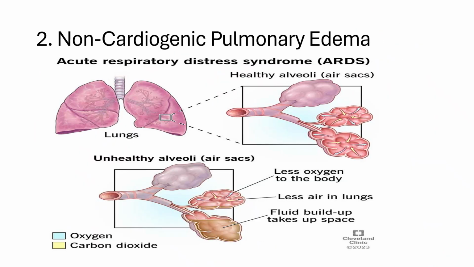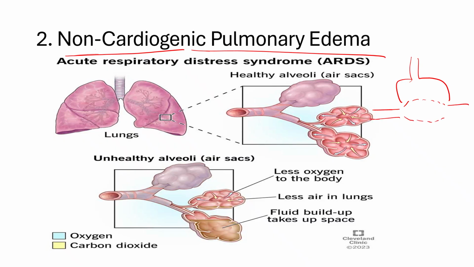Second type of pulmonary edema is non-cardiogenic pulmonary edema. So in which we have alveoli, but the capillary will become leaky. So that can happen in ARDS, it can happen in pneumonia, it can happen with inhalation of toxic gases.